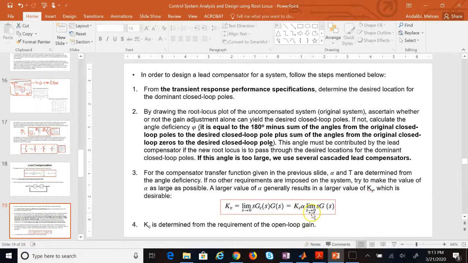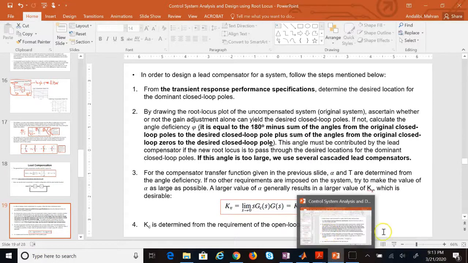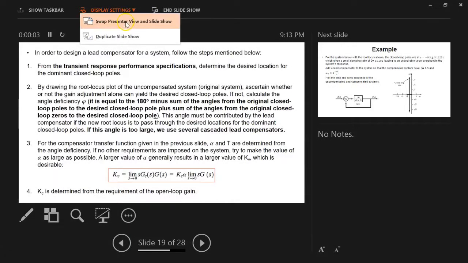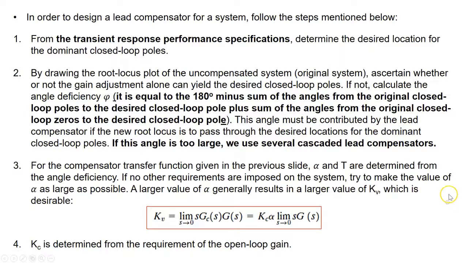So clearly bigger alpha here means bigger kV, and if you remember, the steady state error in response to a unit ramp function was 1 over kV. So the bigger the kV or alpha, of course, the smaller the steady state error, which is desired.